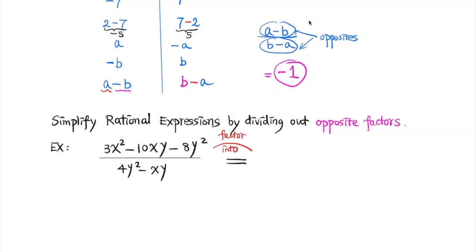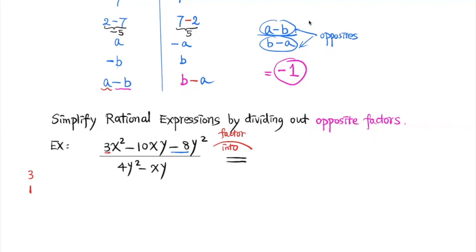For the 3 here, we can try 3 times 1. For the -8, we can try 2 times 4, but we need to put the negative sign somewhere. We'll put the negative sign here. So 3 times 1 gives you 3, and -4 times 2 gives you -8, so that the first and last terms match.